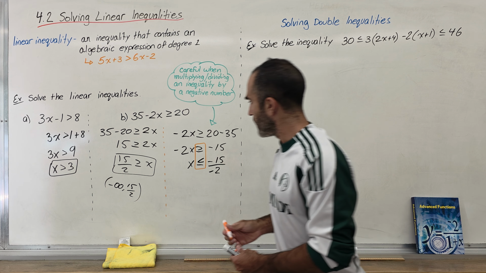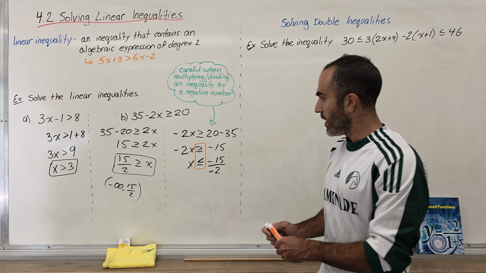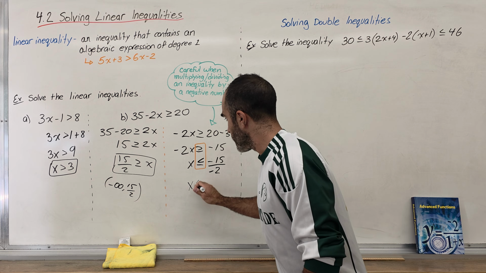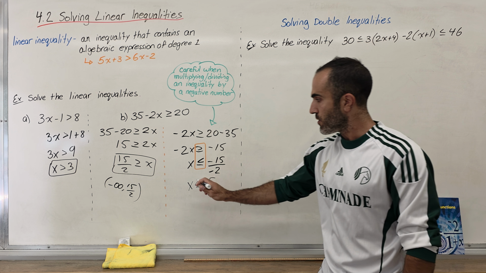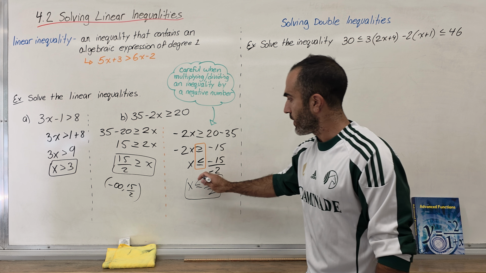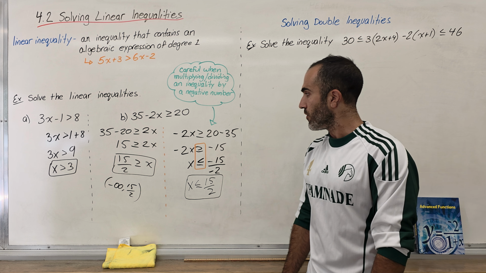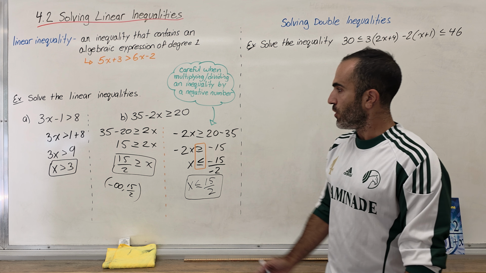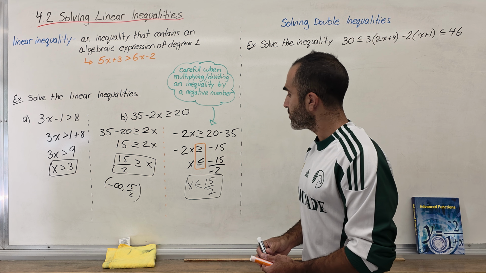So take a look at that sign flip. I divided by a negative 2, so I flip the sign, and the result here is going to be x is less than or equal to 15 over 2, which is the same as that, same answer. So you wouldn't have got that answer if you didn't flip the sign. You would have got the opposite answer. So be careful. Yeah, if you can avoid it, or just go headfirst into it.